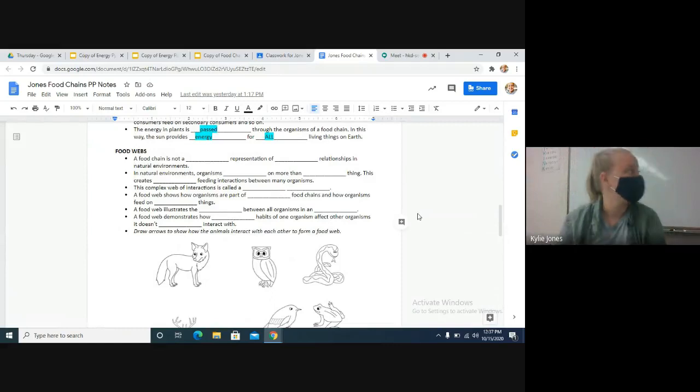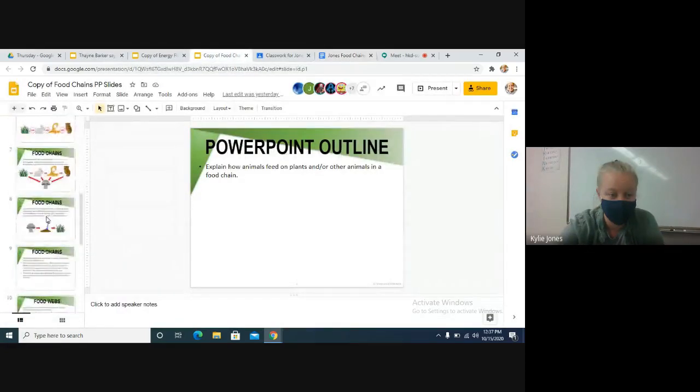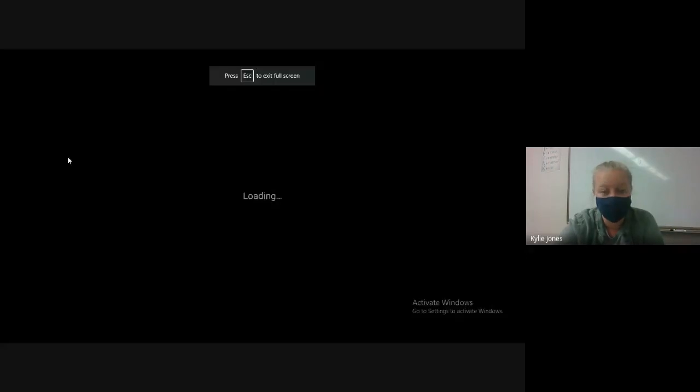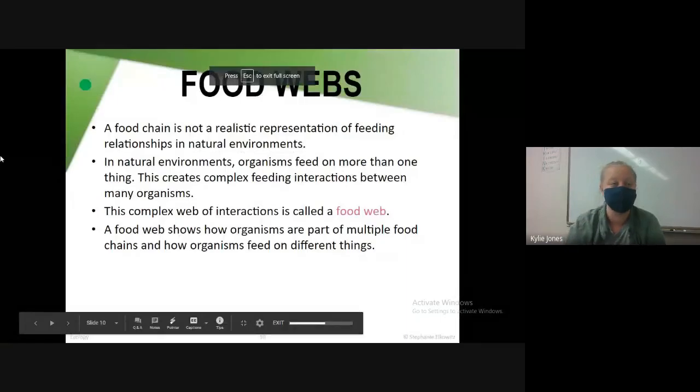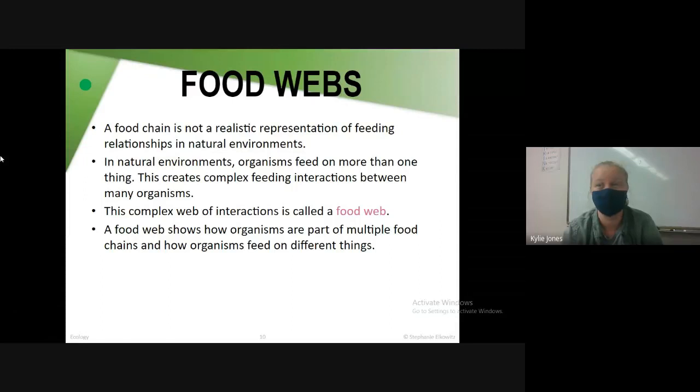There are some parts here where it says to draw the arrows and stuff. You will not need to draw the arrows. That's okay, we'll survive without that. So I'm going to go to the correct spot on our PowerPoint, and I'm just going to talk through it and give you a little bit of time to copy and paste things over, but I'm not going to do any typing anymore because that just seems to take a long time.